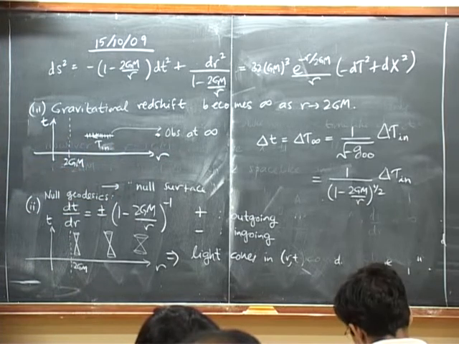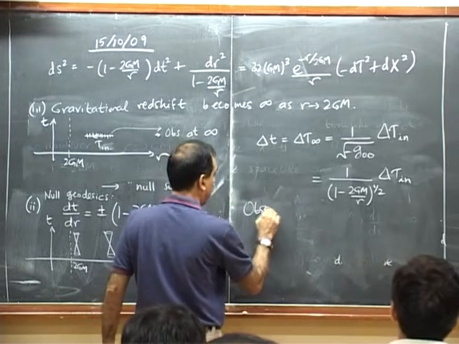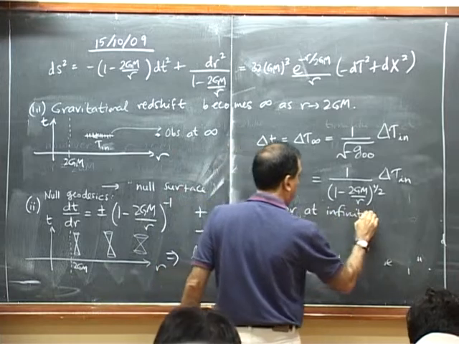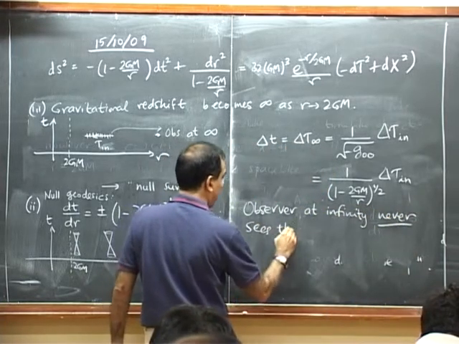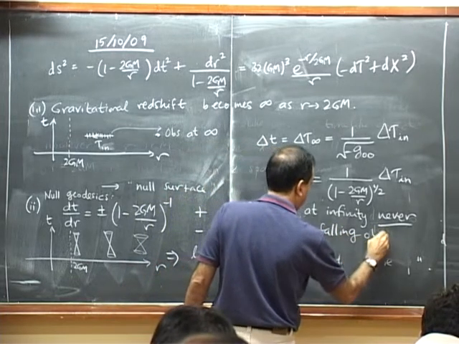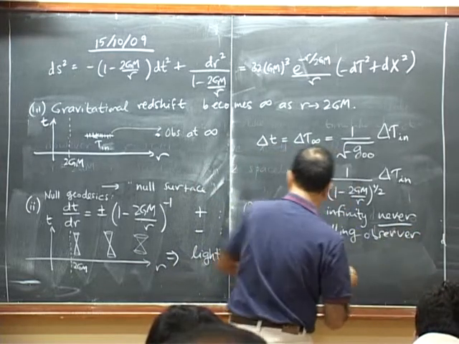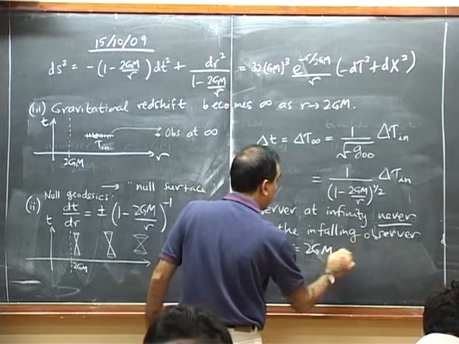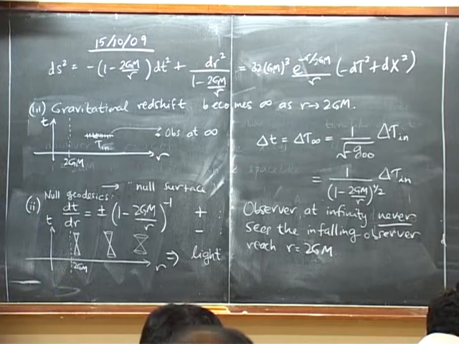So the observer at infinity never, this is worth writing, never sees the infalling observer reach r equals 2GM. You can think of this as the tortoise effect, which we saw when we changed to tortoise coordinates. Okay, it's sort of a similar effect.